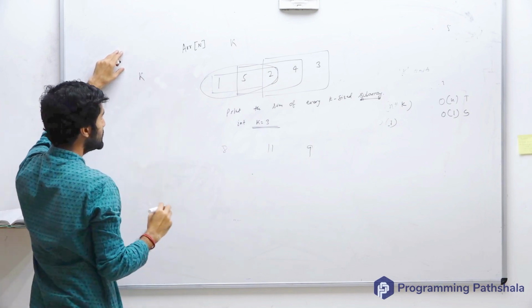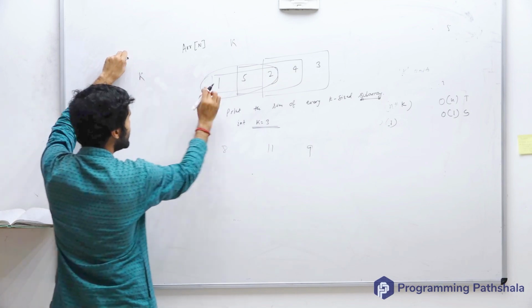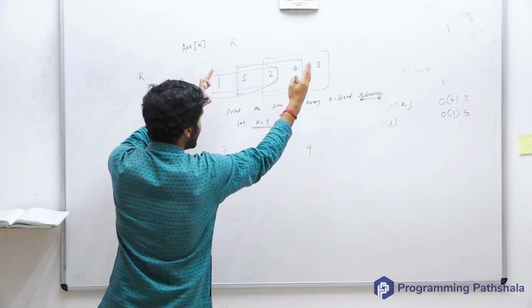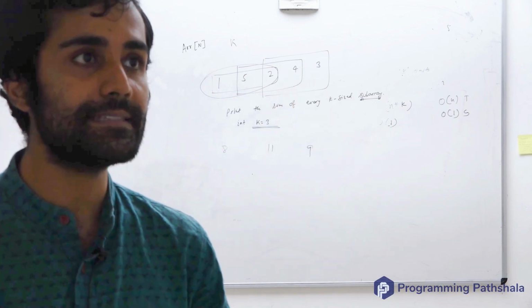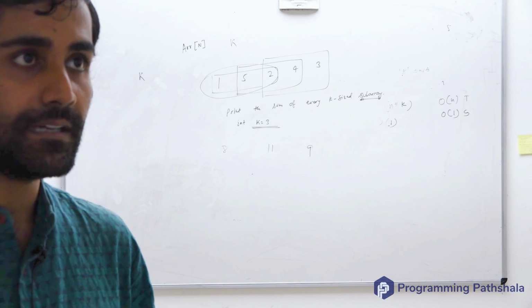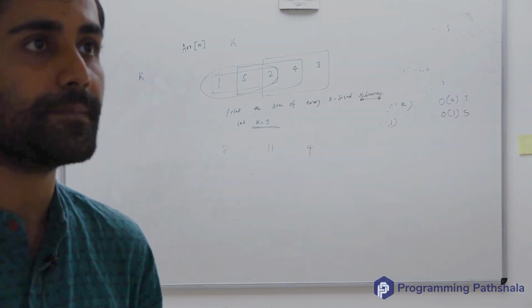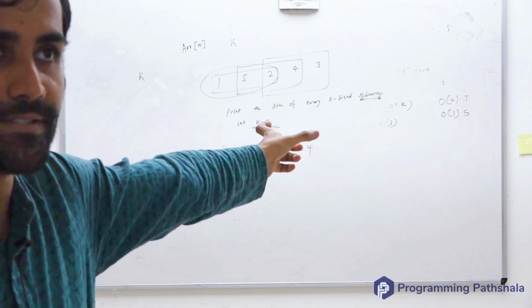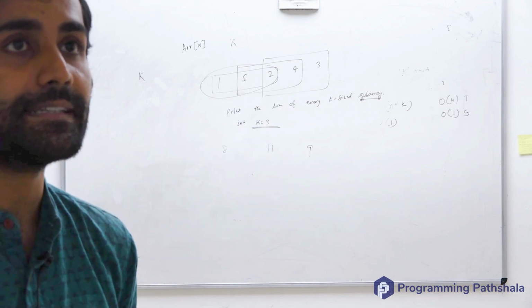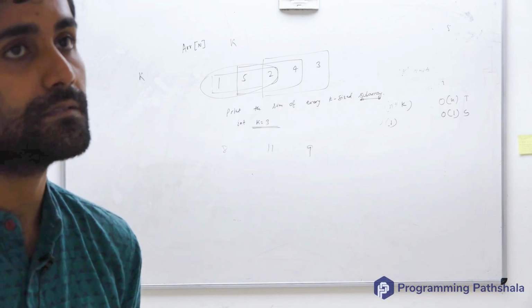Order k time. So order k time will be spent at every subarray. And how many subarrays will be there? Can you tell me the number of subarrays if the size of the array is n and I am considering k-sized subarrays? It will be n minus k plus 1. You can just check that out. There will be n minus k plus 1 subarrays.